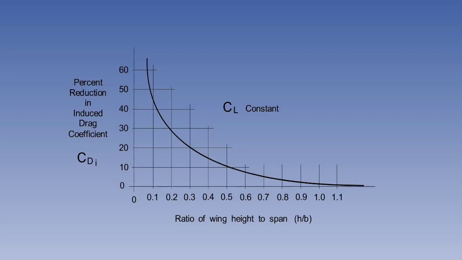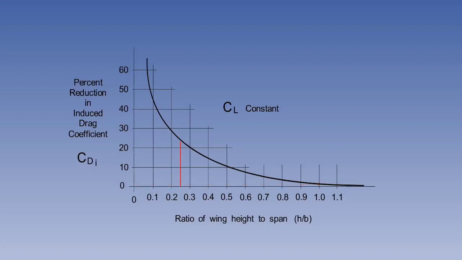If we take a few examples from the graph on the screen, which plots reduction in CDI against the ratio of height to wingspan, or h over b, we can see that for an aircraft with a wingspan of 40 meters, or 131 feet, the reduction in CDI is only about 1.5% at a height of 40 meters, that is, with a height-span ratio of 1.